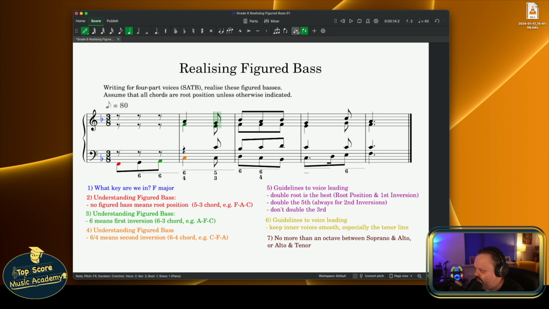And as I said before, for second inversion chords, double the fifth. So this might look like consecutive octaves, but it actually isn't when you're given very specific instructions.